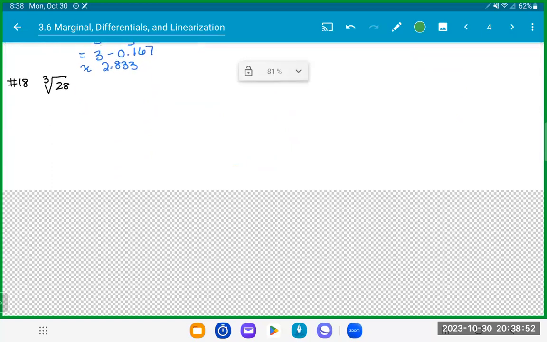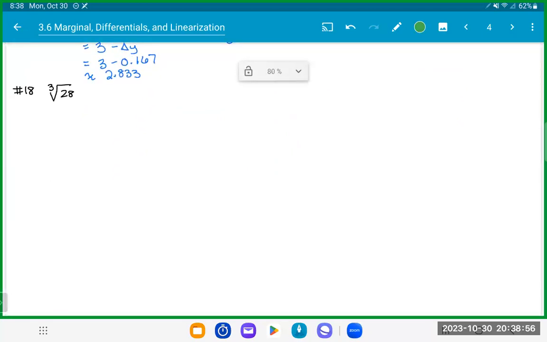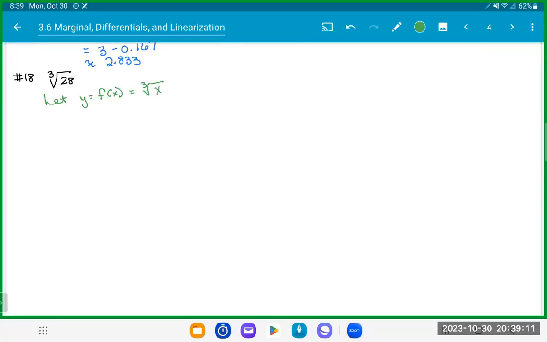All right, so let's look at the next example. This one is a cube root. Okay, so in this example, we want to let y equal f of x, which is equal to the cube root of x. So we know that 28 is not a perfect cube. If we go up to 29, no, 30, no, 31, no, and so on.